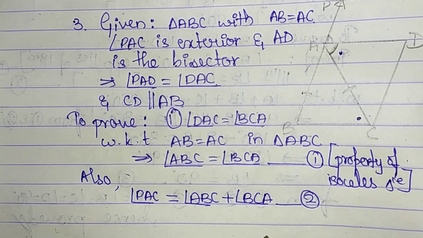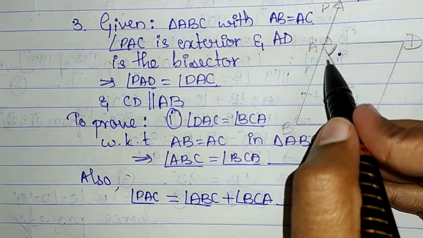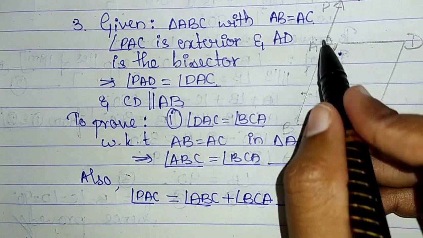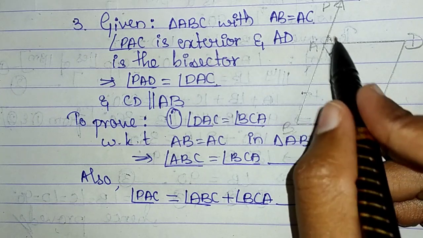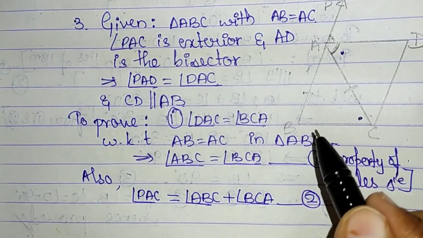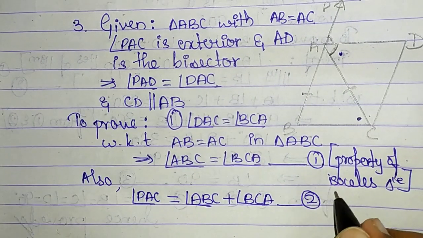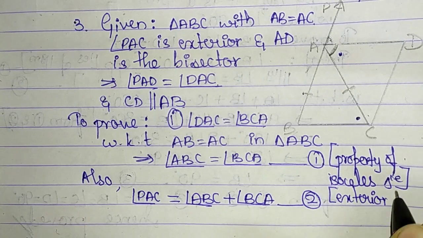Why is angle PAC equal to ABC plus BCA? Because PAC is the exterior angle to the triangle, and from the exterior angle theorem we know that exterior angle is always equal to the sum of interior opposite angles. So name this as equation 2, exterior angle.